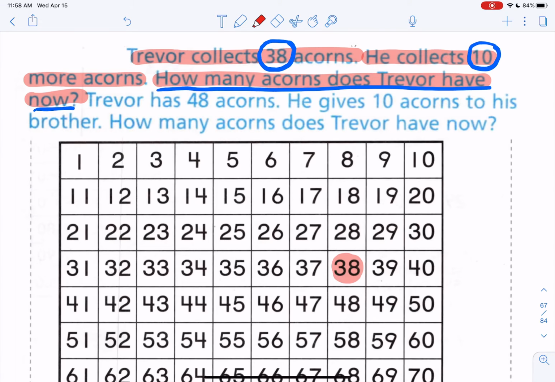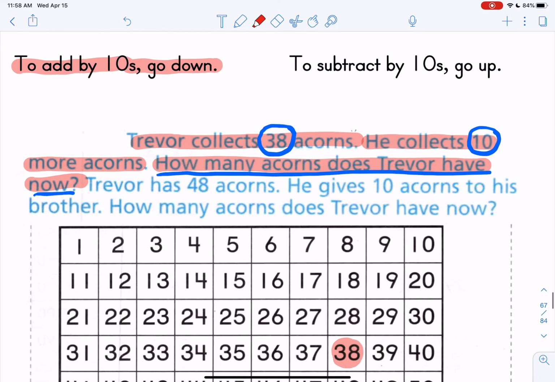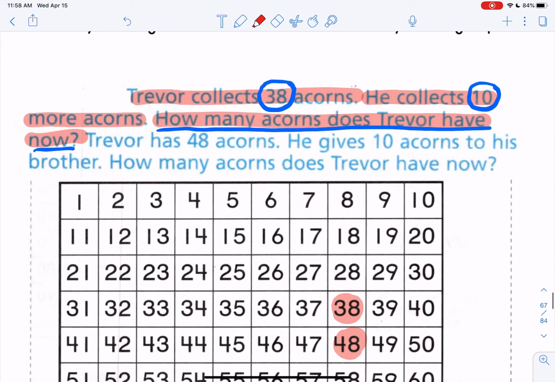Well, remember, to add by tens, you go down. So we're going to go down 1. What's the answer going to be? 48. And if I were to put that in a number sentence, it would be 38 plus 10 equals 48.